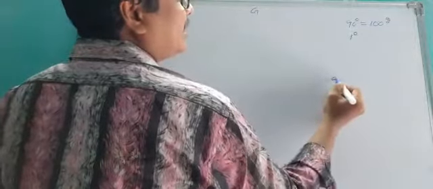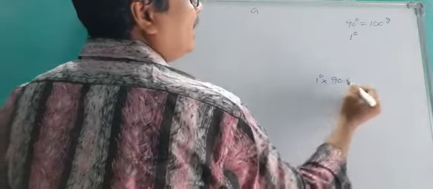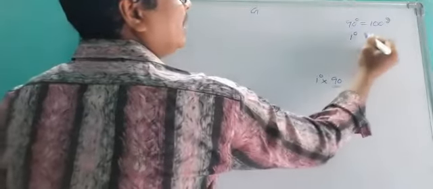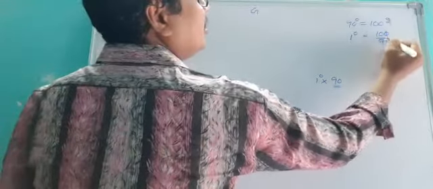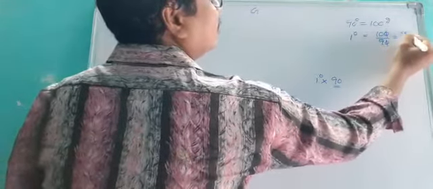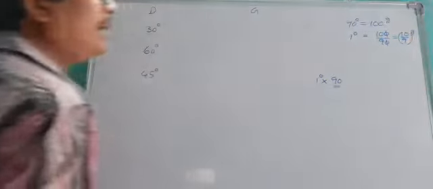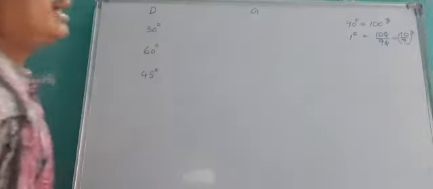So 90 degrees can be expressed as 1 degree into 90. Here 90 is multiplication, transposition division. 0 0 cancel, that equal to 10 by 9 grades. So 1 degree equal to 10 by 9 grades.